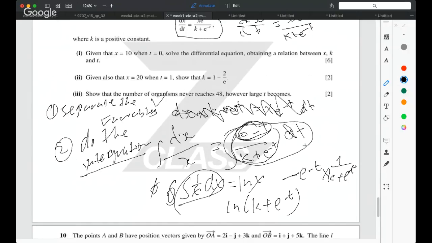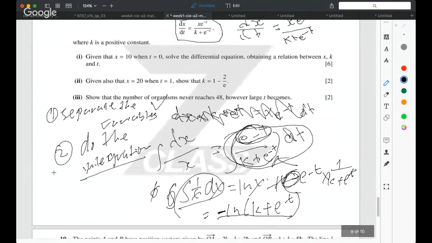Because you have a minus in front, you need to put a minus as well. So it's equal to minus ln of k plus e to the minus t. If you differentiate this, you get minus 1 times minus that, and you get the same as this. Do you understand? Okay.